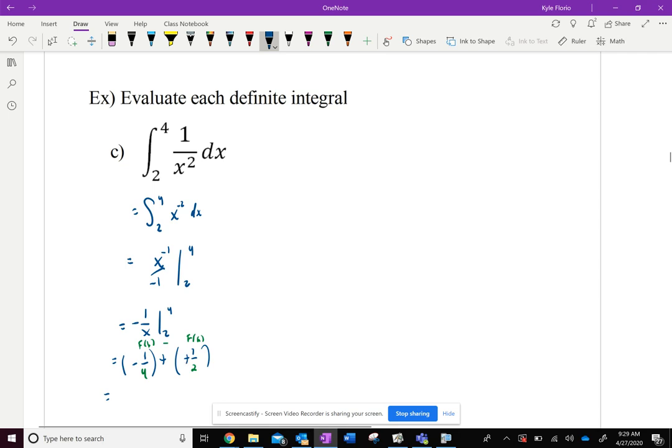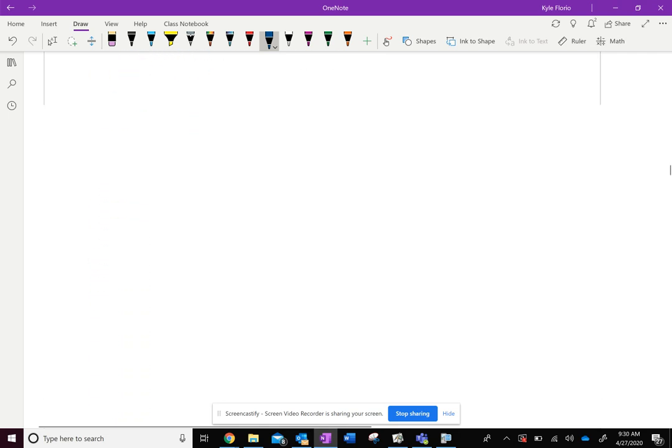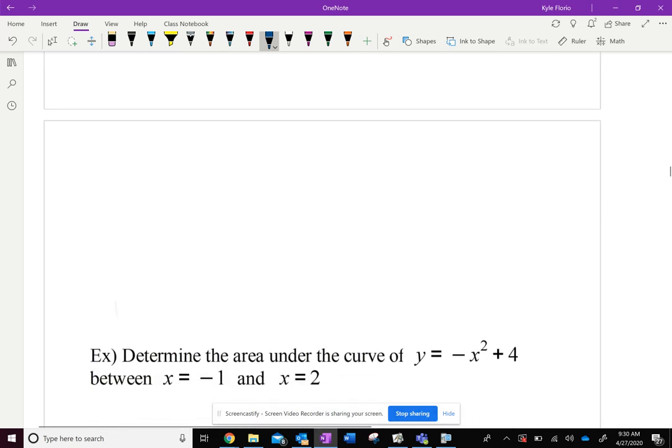And let's see, 1/2 is the same thing as 2/4. So 2/4 minus 1/4 is 1/4. So that answers that question. That's another definite integral, and that's really it.